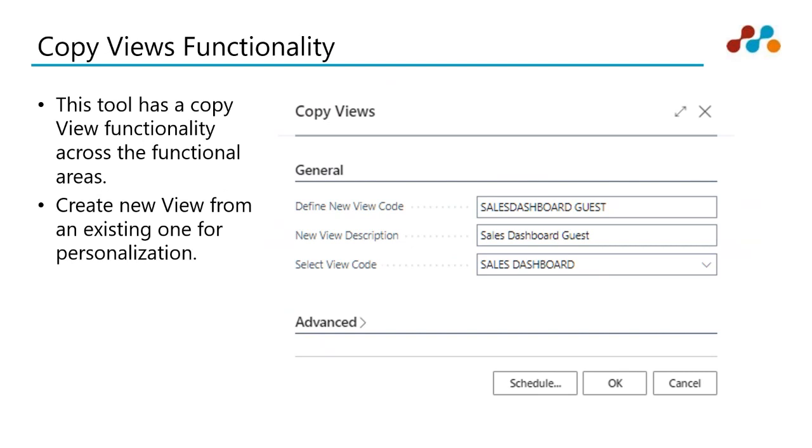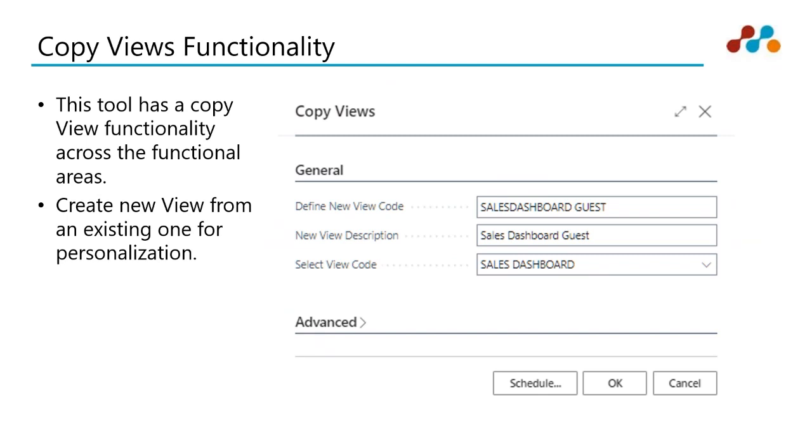We also have a feature of copying views. Now imagine a scenario wherein there is a requirement of configuring views for at least 10 people. Out of those 10 people, four or five of them would have common views assigned. So this copy views functionality comes in handy.